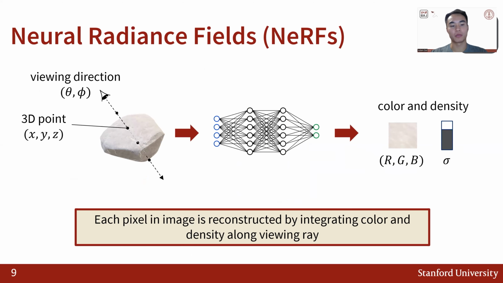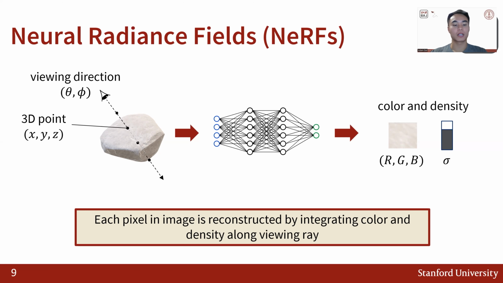So the way NeRFs work is that for a particular 3D point and viewing direction, the NeRF learns to predict what color and density the object or the scene would be at that particular point when viewed from that viewing direction. So essentially the neural network takes as input this XYZ and viewing angle direction, and then outputs an RGB color and density value, which encodes sort of the occupancy of that space.